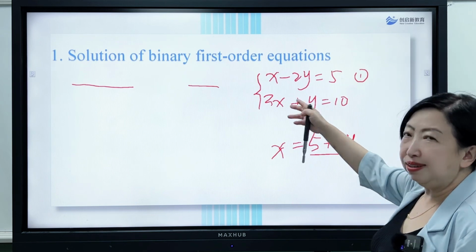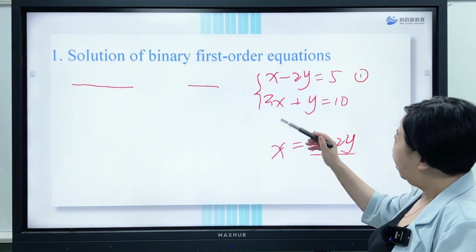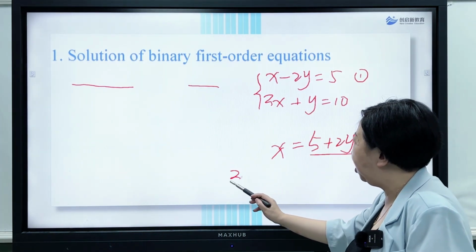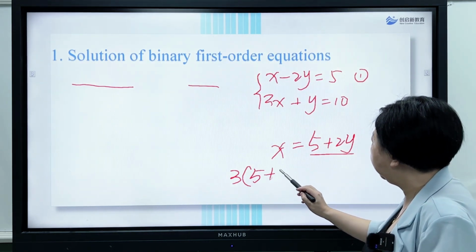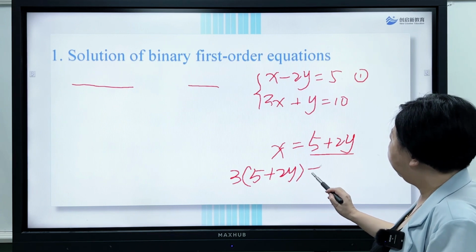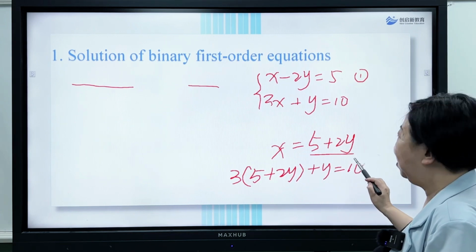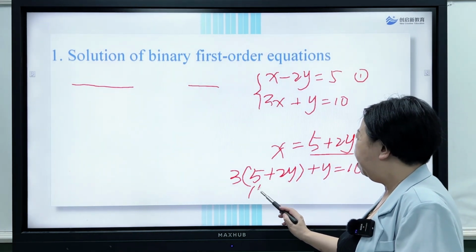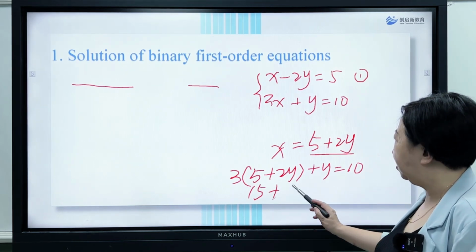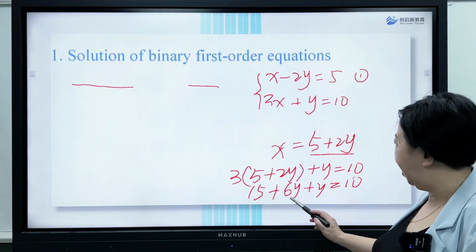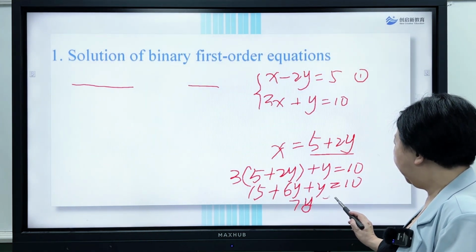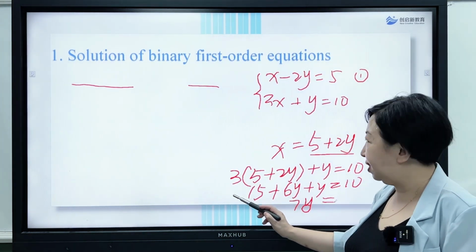Then we put it into the second formula: 3x changes to 3 times (5 plus 2y), plus y equals 10. So easy. Then 15 plus 6y plus y equals 10. Okay, 7y equals 10 minus 15.